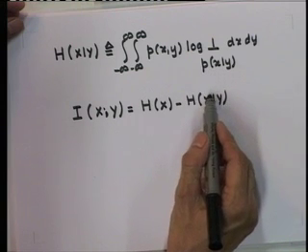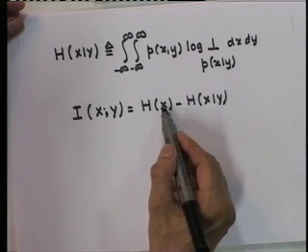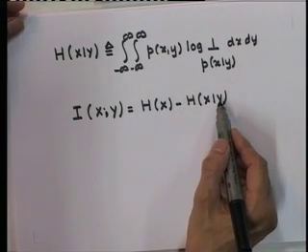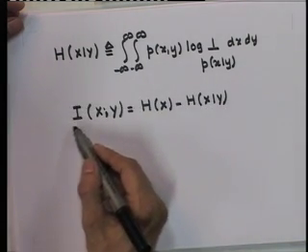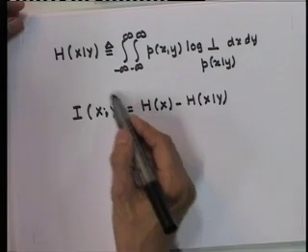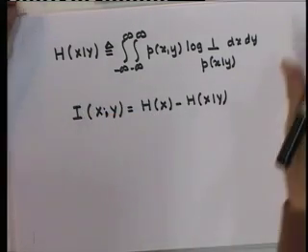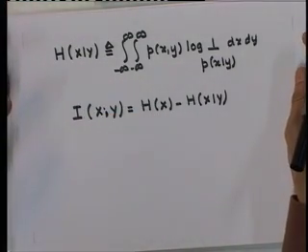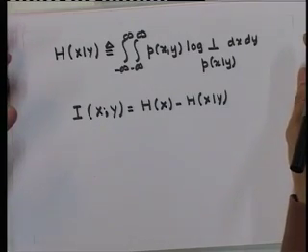Thus, when some value of x is transmitted and some value of y is received, the average information transmitted over the channel is given by this quantity. In the next class, we will define the channel capacity for a continuous channel and derive the channel capacity for an additive white Gaussian noise case.